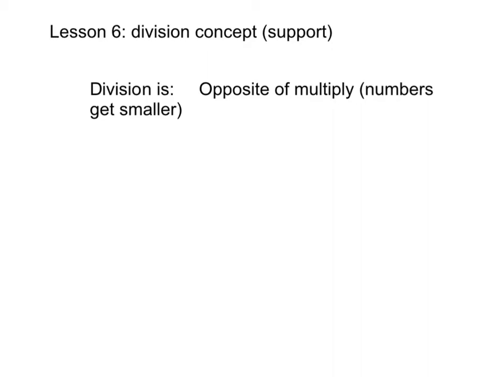Multiply makes numbers become bigger very quickly, and division makes things become smaller very quickly. Like I said, division is subtracting repeatedly. So if you find yourself in a position where you have something to figure out and it's going to require that you subtract repeatedly, then you would divide.